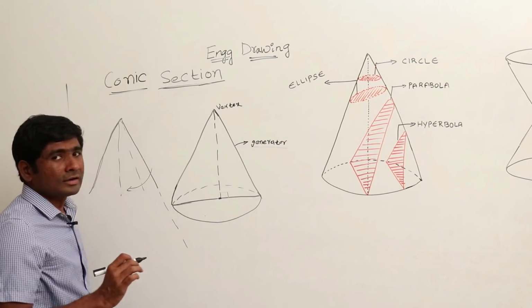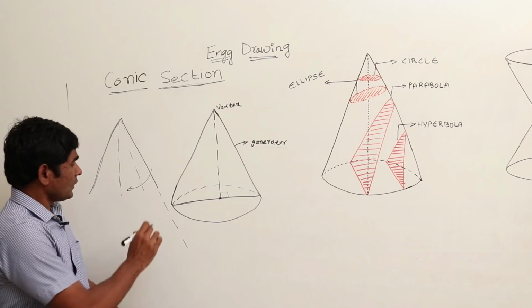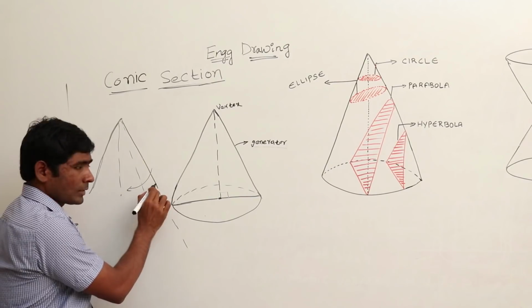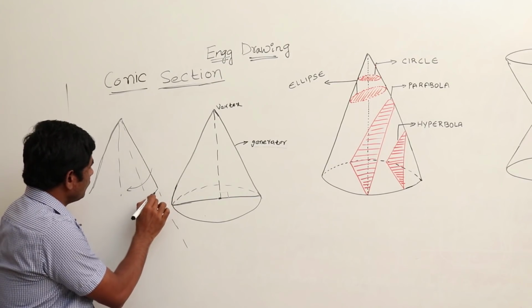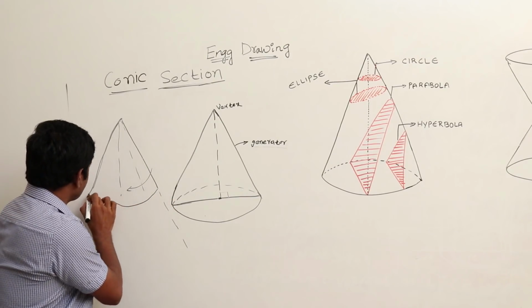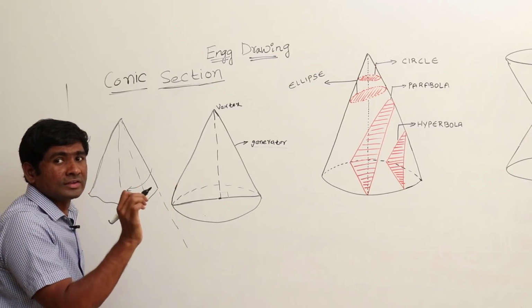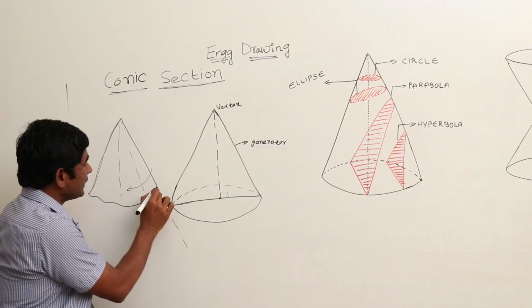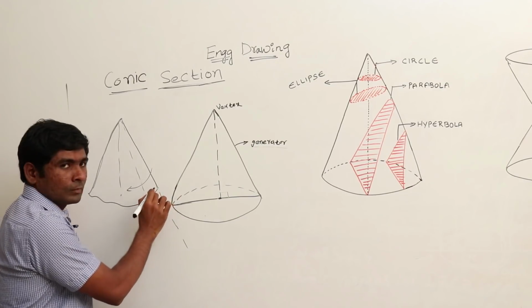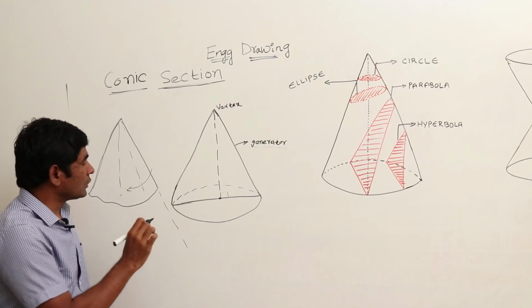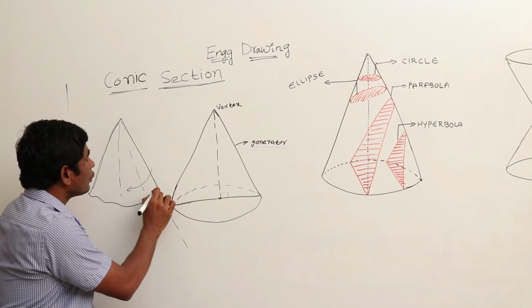But we cannot take an infinite cone. That's why here it should cut a plane. So here I will take a plane like this. Wherever it's forming the closing side, by taking this curve, I close the cone curve.